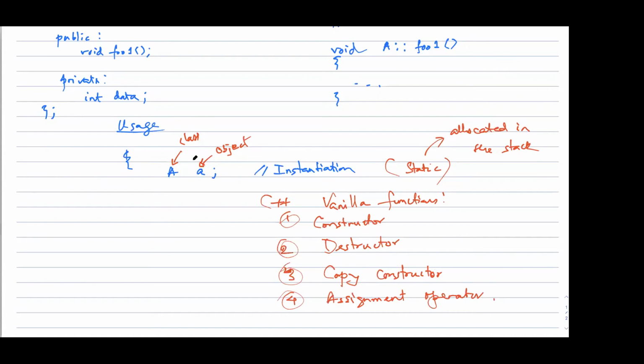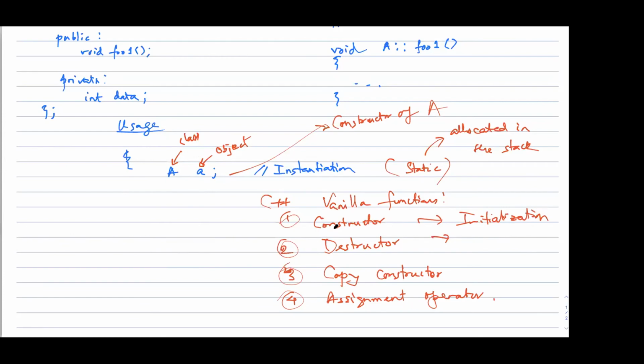So when you are doing a static instantiation, here, at this point, this is going to call the constructor of A. Okay. We're going to get into how the constructor looks. Constructor is typically used for initialization, whether it is initialization of variables or allocation of memory.